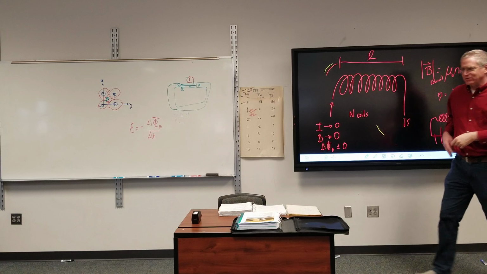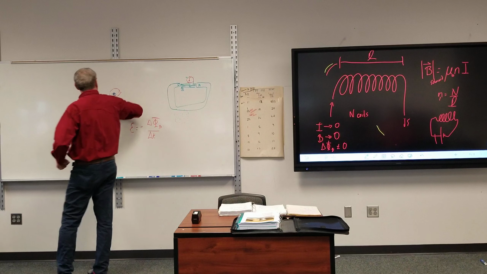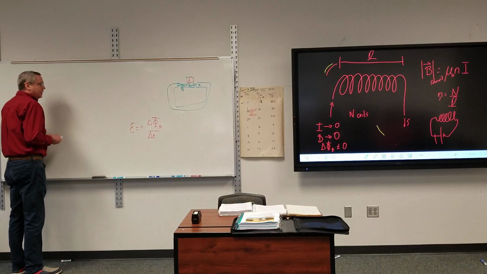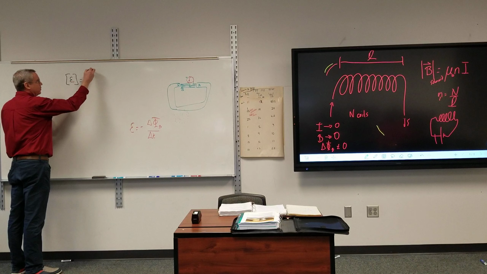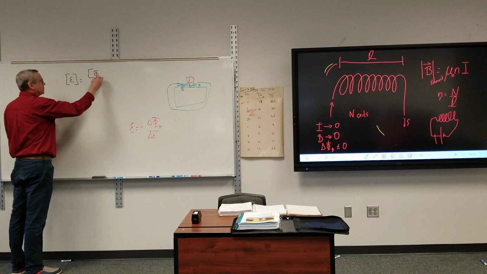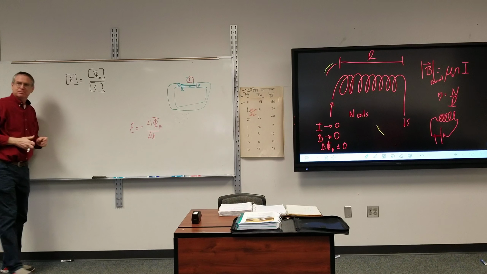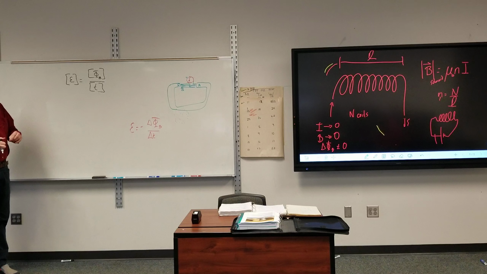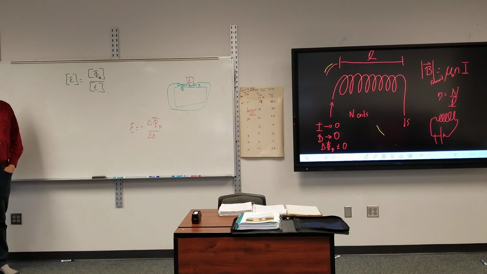Well, that should be fun. Let's do a little unit analysis here. The units of the EMF will be the units of the magnetic flux divided by the units of time. So Tesla meters per second? No, Tesla meters squared.